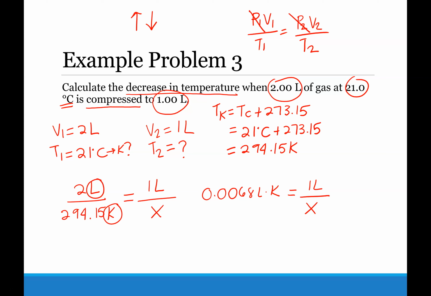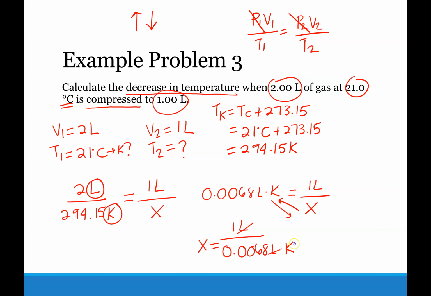So remember the trick to rearranging everything correctly when you're looking for X in the denominator is to change places with what's on the other side of the equal sign. So our final equation to solve for X is going to be X equals 1 liter divided by 0.0068 liter kelvins.